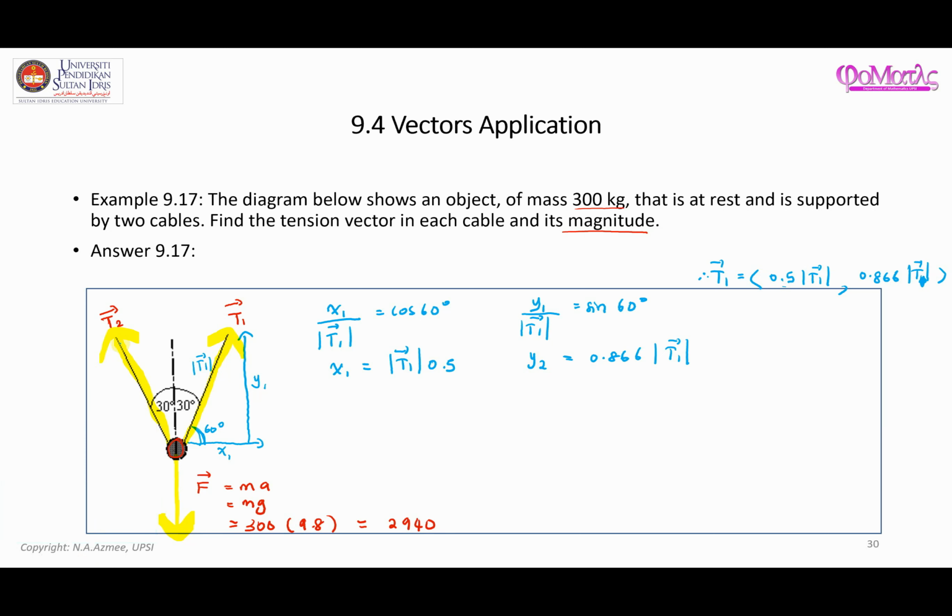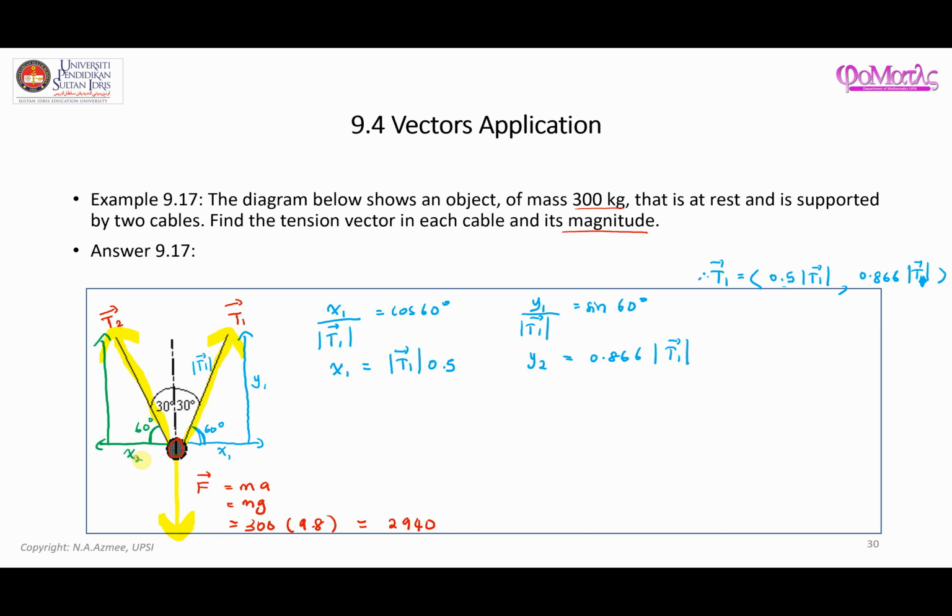You can see that this vector can be separated into its components. This is the x component going in this direction, and the y component is going in this direction. Again, we have a right angle triangle here, where according to this diagram, the angle must be equal to 60 degrees.